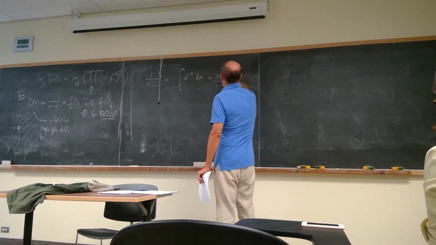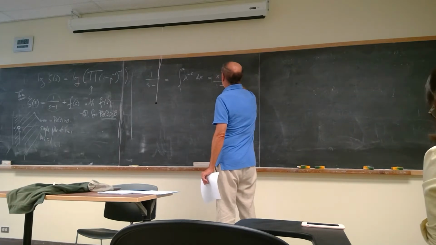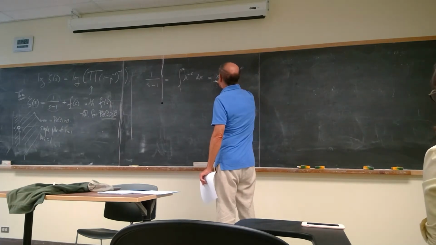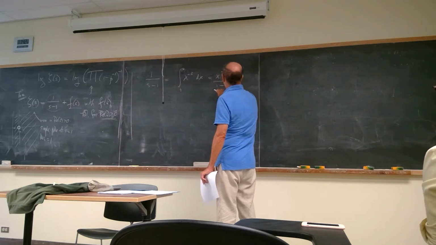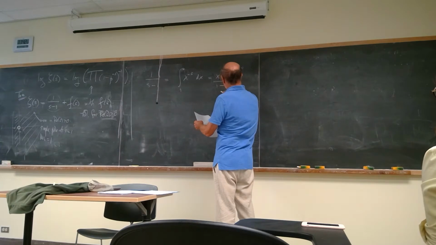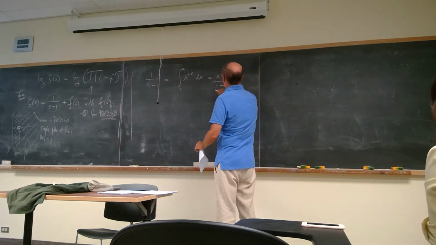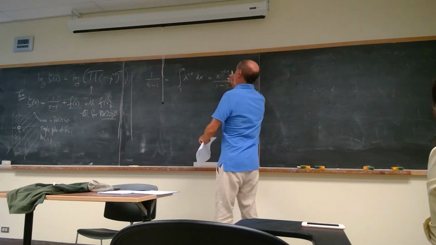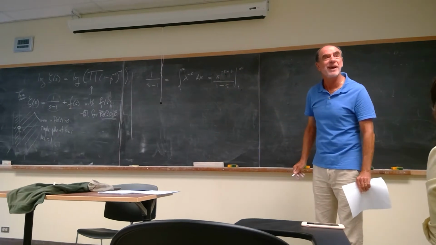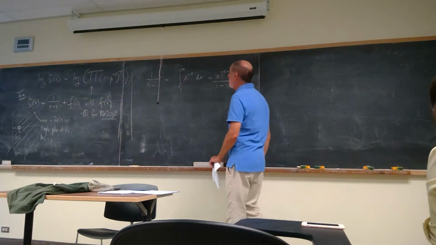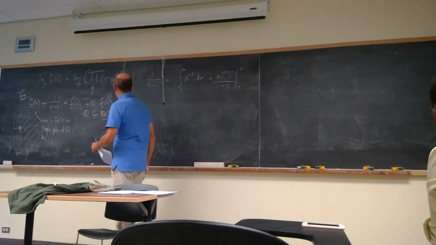When you take x equal to infinity, this tends to 0, and when you take x equal to 1, this is x to the 0, which is 1 over... whoops, what did I just do wrong? Is that right? Yeah, 1 over 1 minus s, except there's a minus sign in front of it because of the fundamental theorem of calculus. Right, okay. So there's an integral representation of 1 over s minus 1.